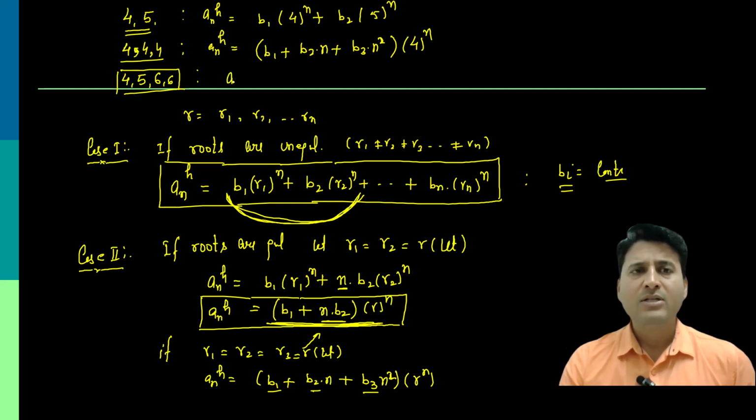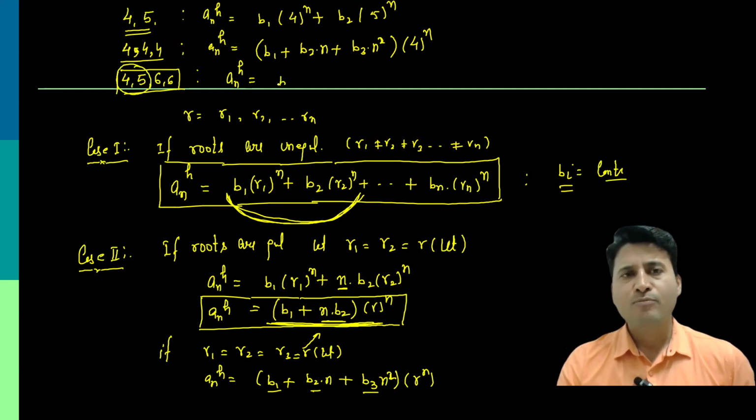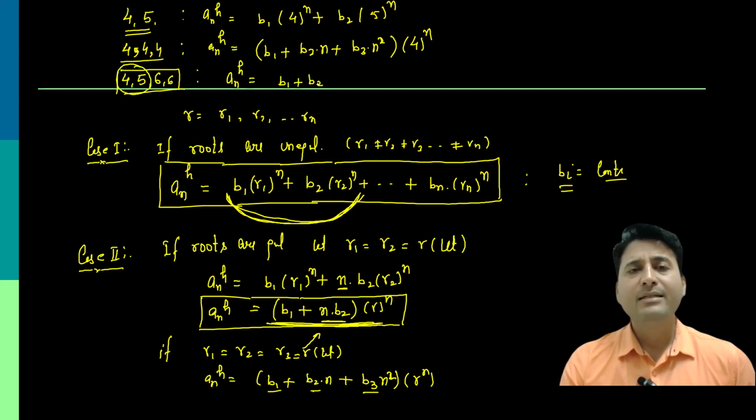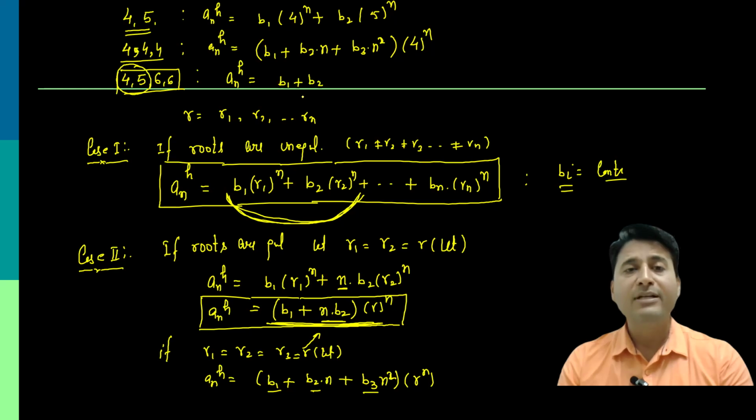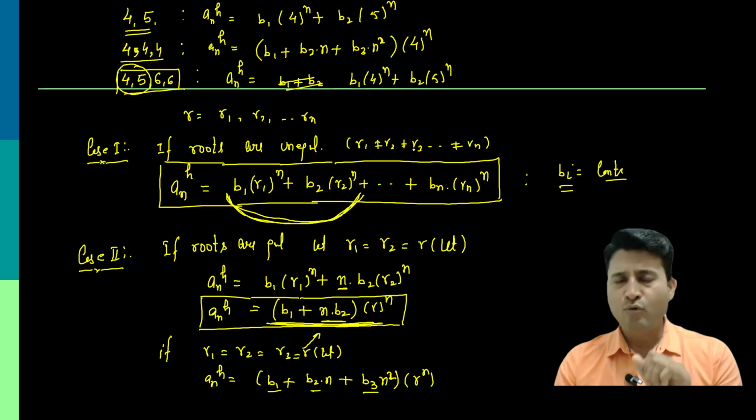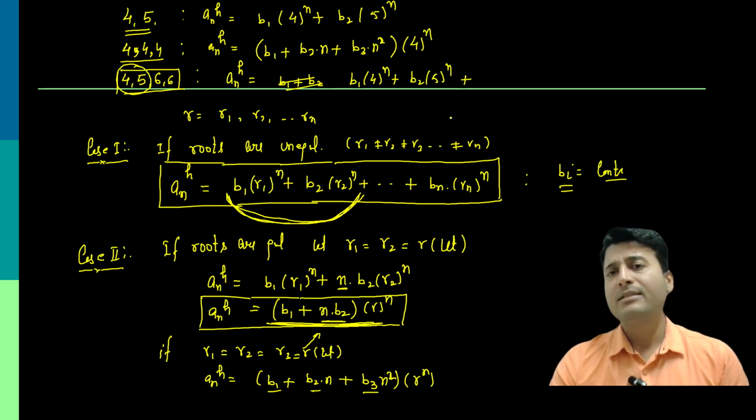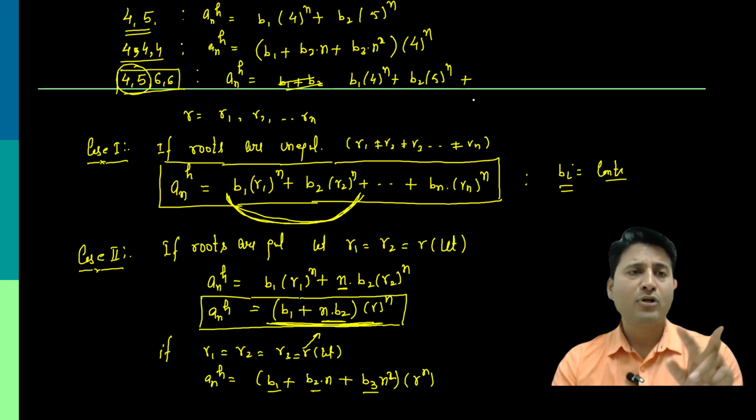Let us see how. The homogeneous solution will be: for the two different roots, apply case number 1. So b1 into first root power n plus b2 into second root power n. This is done for the unequal case. Now plus the equal case for the two roots.